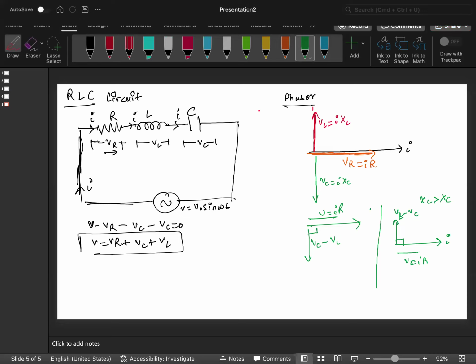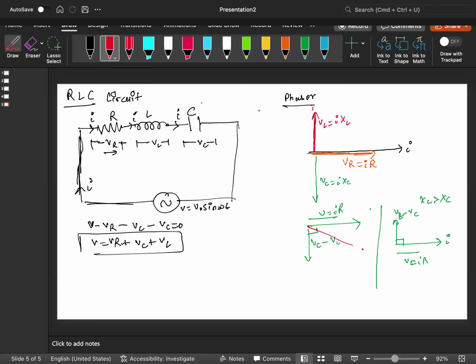If I ask you what is the resultant voltage, look at this carefully. What is the value of this voltage?